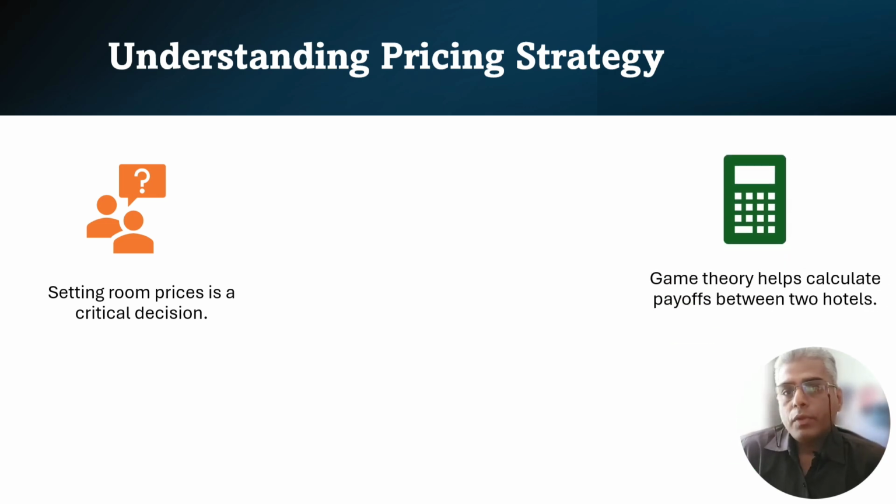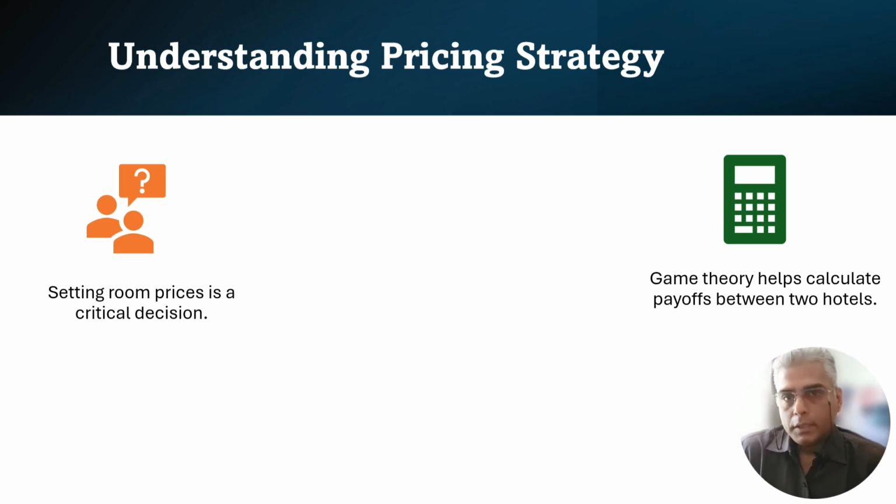Now, game theory helps calculate the payoffs between two hotels in terms of their strategic decisions. So game theory, with its strong cognitive basis, scientific and analytical approach, and room for practical day-to-day decision making and comparative evaluation of the strategic moves, can help us assess the relative value of the decisions vis-a-vis an adversary or a competition.